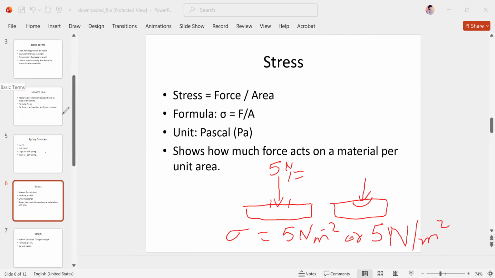It means the area on which, per meter square, 5 Newton force is applied is called the stress.